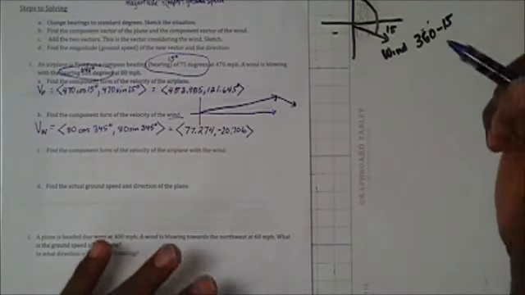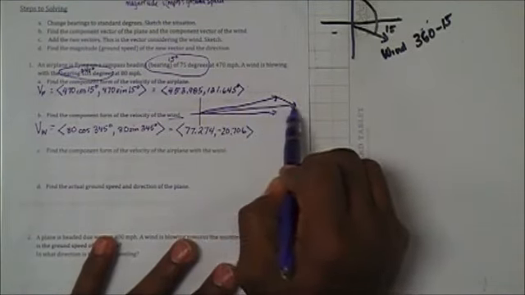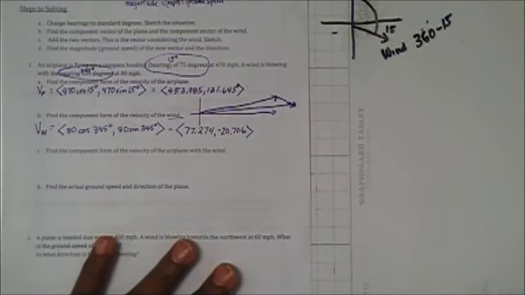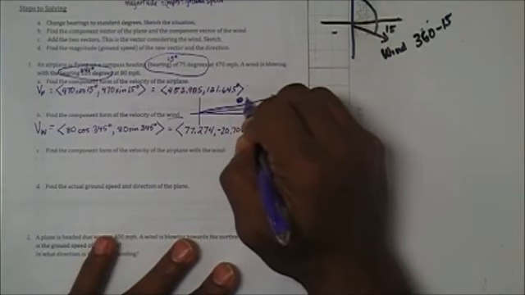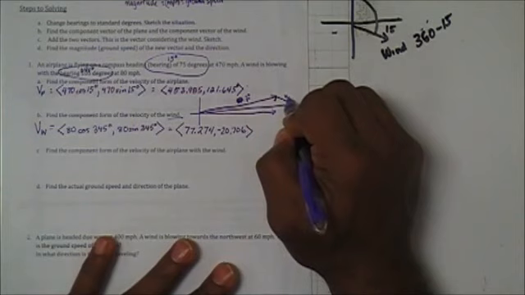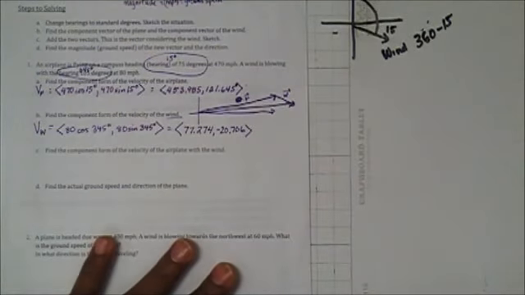Now if we add those vectors the same way we added them on the quiz, where we started to where we ended would be the vector of the plane plus wind. So we can call this the wind vector, the plane vector, and this is the wind vector.